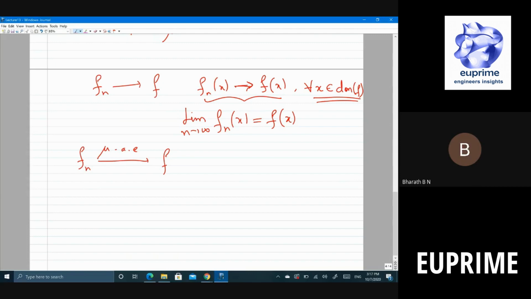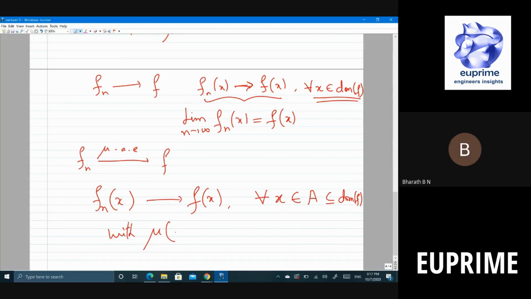It means that fn of x converges to f of x for all x in some set A, which is of course a subset of the domain of f, with the measure of, I'll put it like this, the domain of f, remove A, the measure of this is 0.